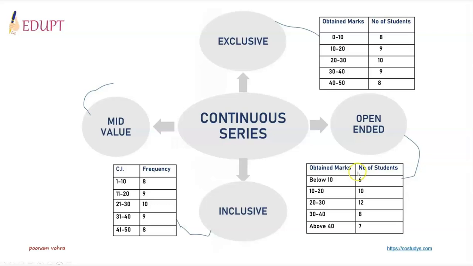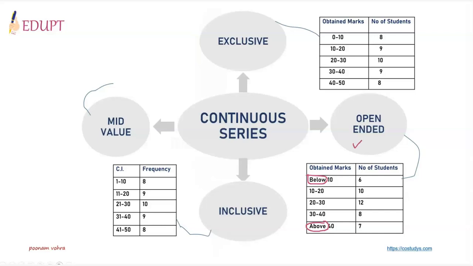The next is open-ended class interval. In this frequency distribution, if the lower limit of the first class interval and upper limit of the last class interval is not given, then it is called open-ended continuous series.